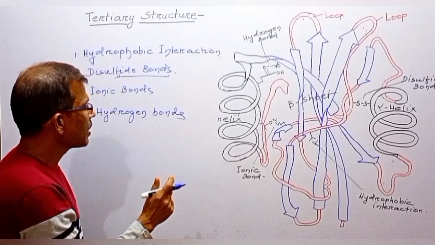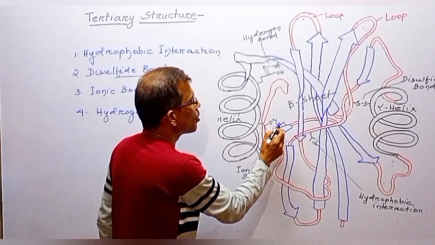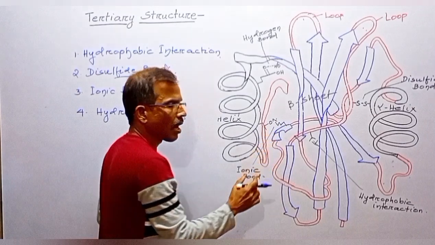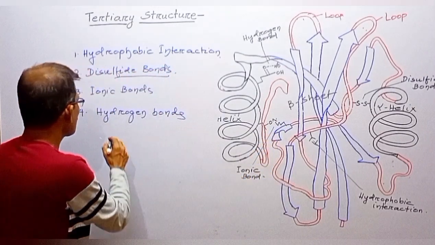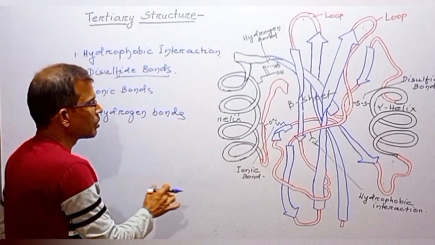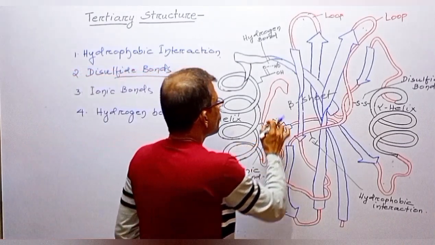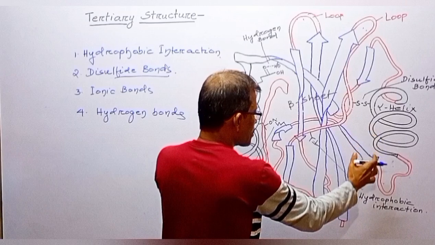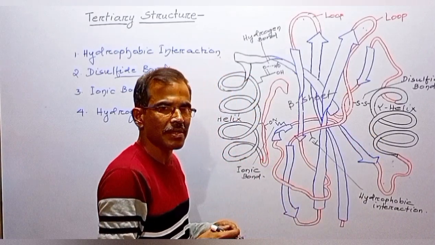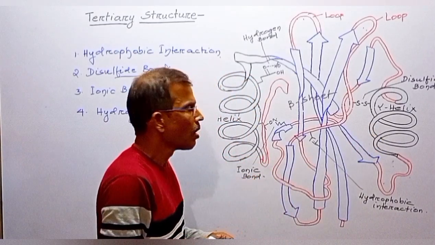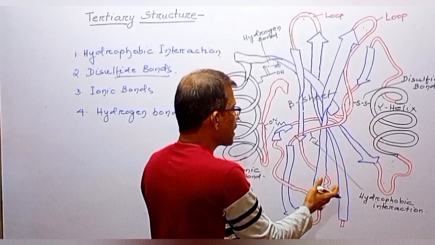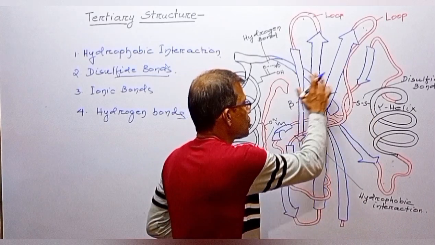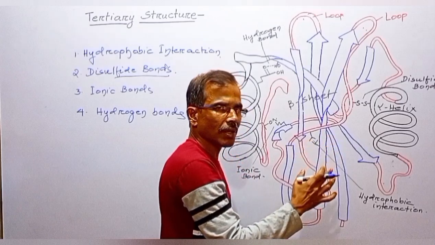Third type of linkage is ionic bond, which is formed between oppositely charged R groups. And the last one is hydrogen bond. So with the help of all these types of linkages, different types of secondary structural elements in different proportions are organized together in a specific pattern to produce the tertiary structure of the protein.